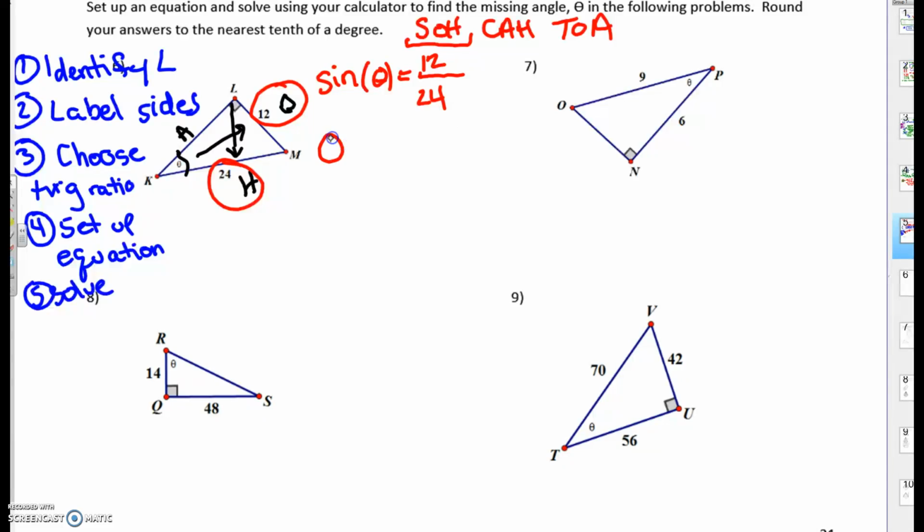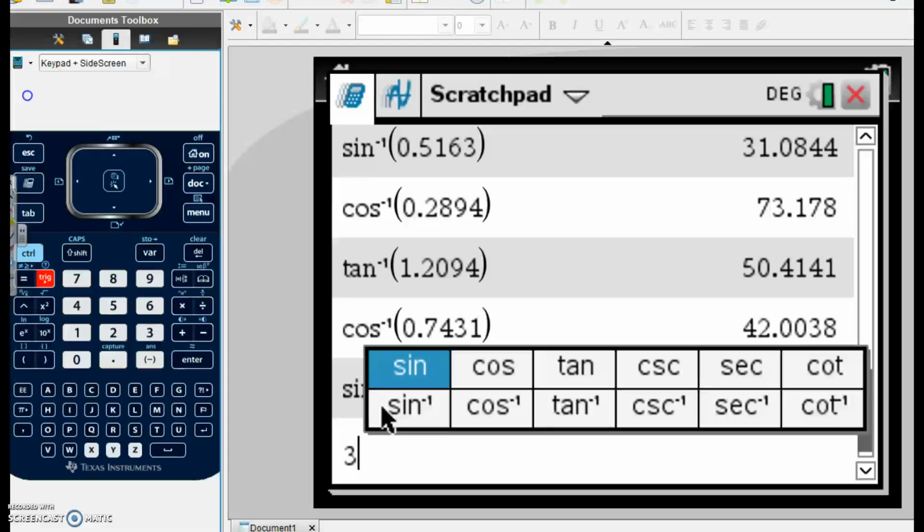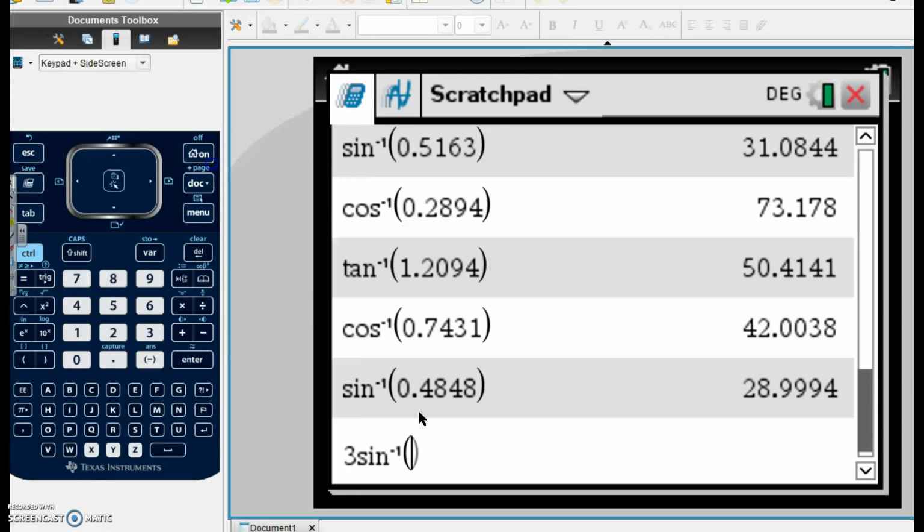So that means that theta is equal to sine inverse of 12 over 24. So we now grab our calculator and we choose sine inverse of 12 divided by 24.